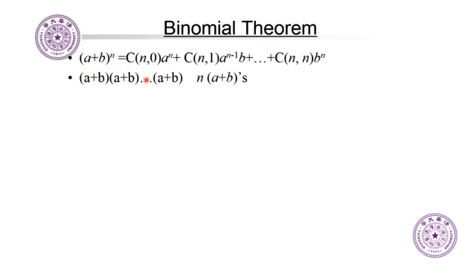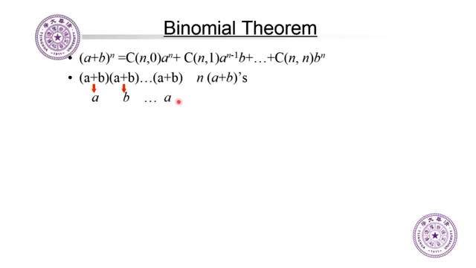Why? Let's analyze it. (A plus b) to the nth power could be regarded as a multiplication of many (a plus b)'s. When we are multiplying them, we are actually choosing a's and b's. For example, in this (a plus b), we chose a. And in the second (a plus b), we choose b, and so on.